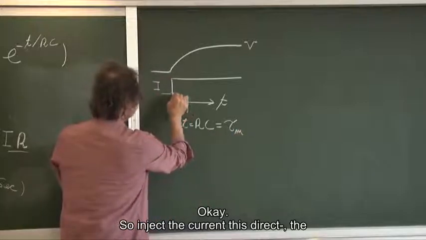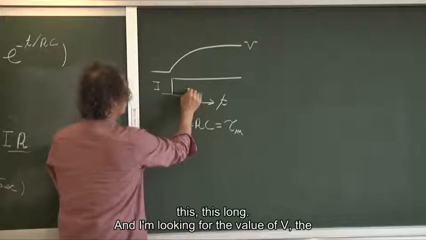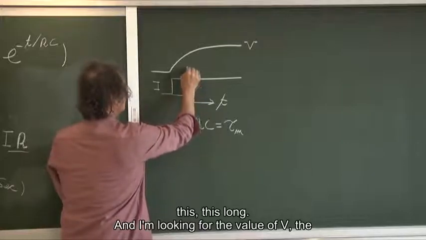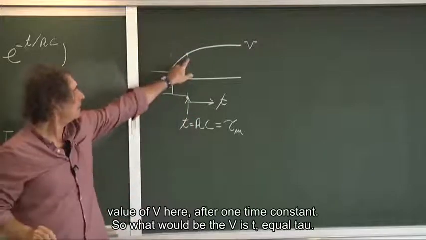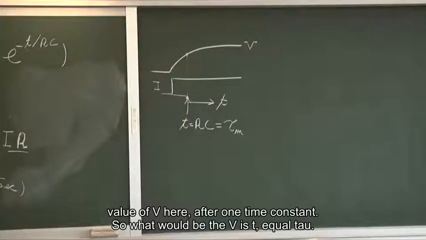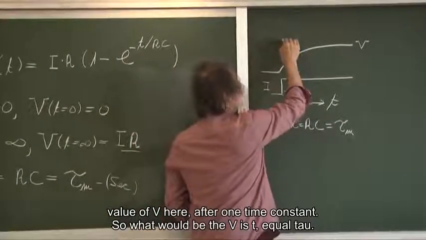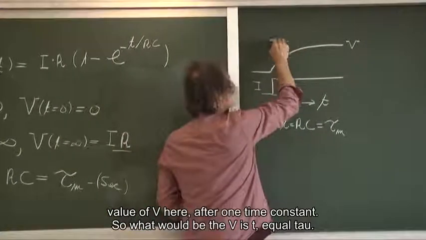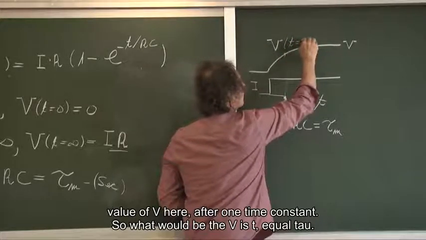Okay? So I inject the current this long, and I'm looking for the value of V here, after one time constant. So what will be the V at t equal tau?